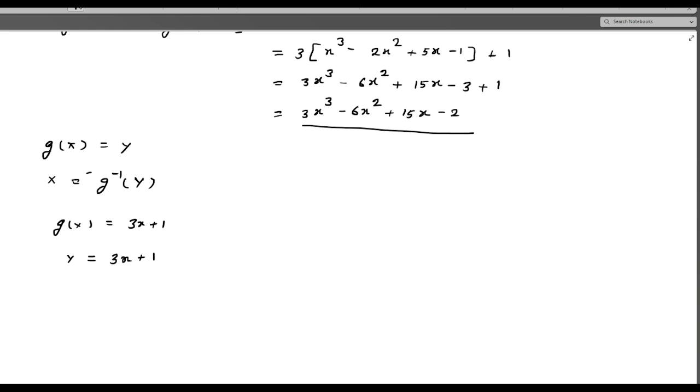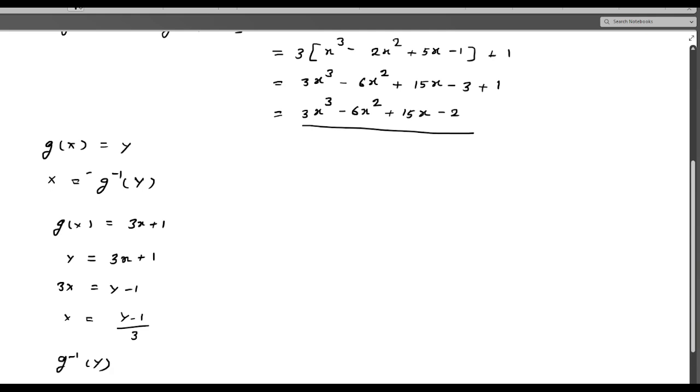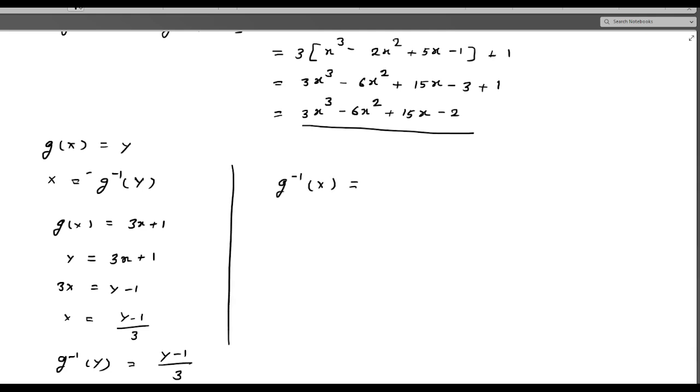Now if I make x the subject, 3x is equal to y minus 1, x is equal to y minus 1 divided by 3. So this x is nothing but your g inverse of y. Now g inverse of y is y minus 1 divided by 3, and therefore your g inverse of x will be equal to x minus 1 divided by 3. You can replace y with x.